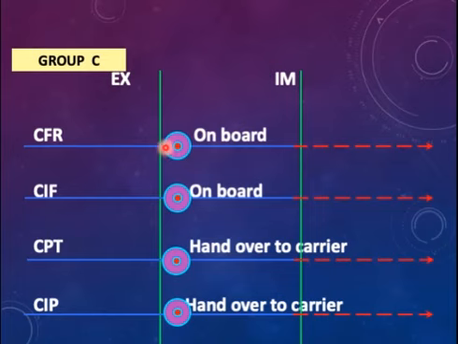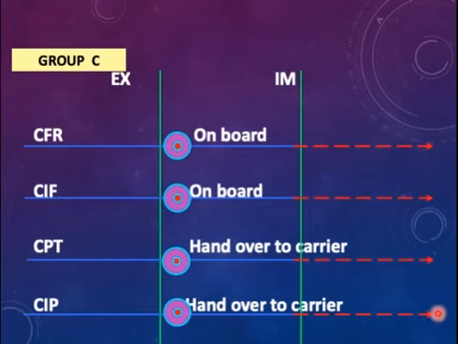In spite of the fact that the seller has to pay to here, he has to take the responsibility, take the risk to the goods only to here. From this point, the risk transfers to the buyer, although the seller has to pay for the main carriage.